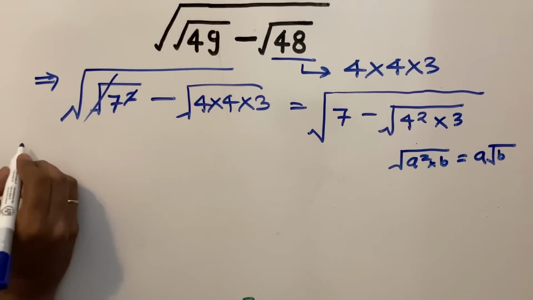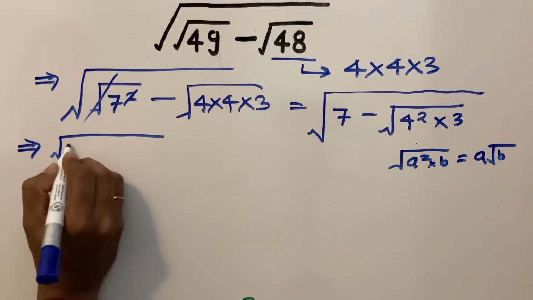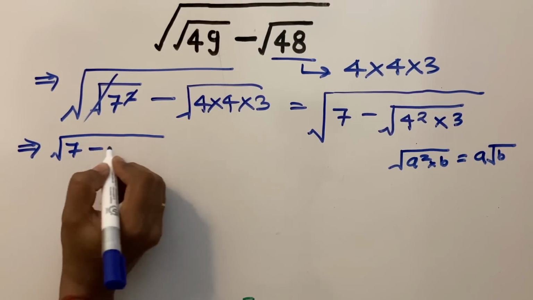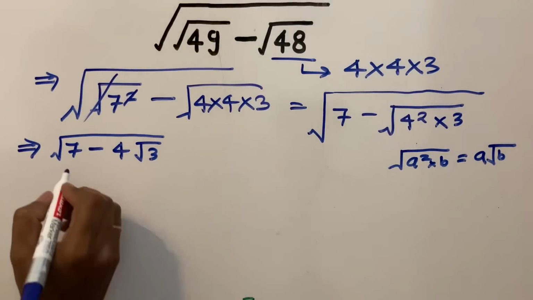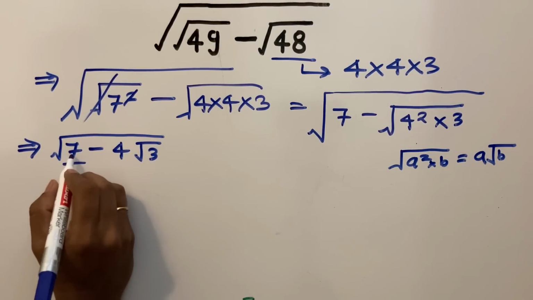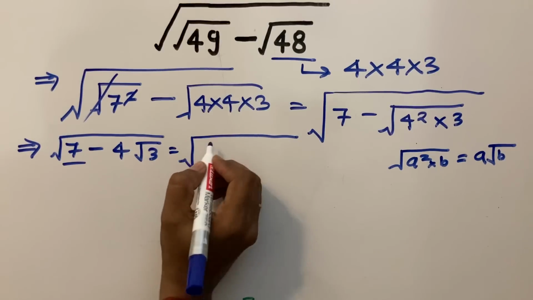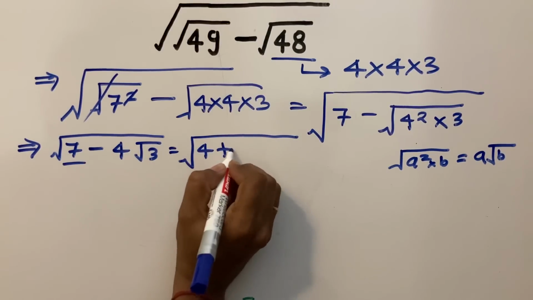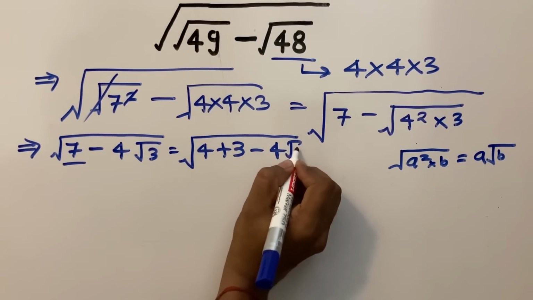So this equation becomes square root 7 minus 4 square root 3. Here 7 is also equal to 4 plus 3. So this equation becomes square root 4 plus 3 minus 4 square root 3.